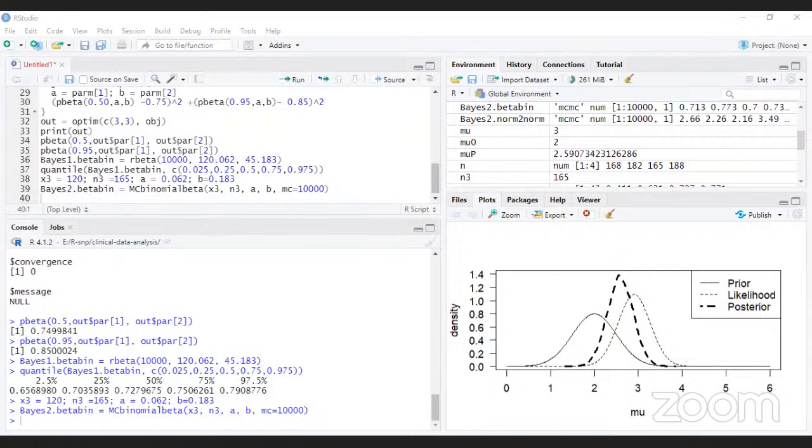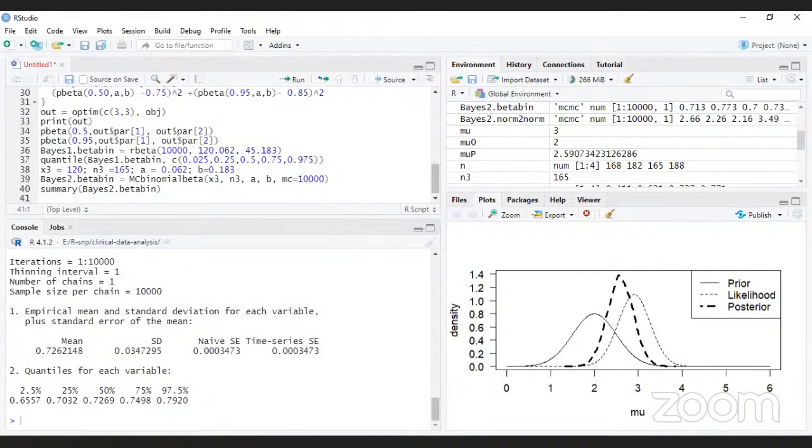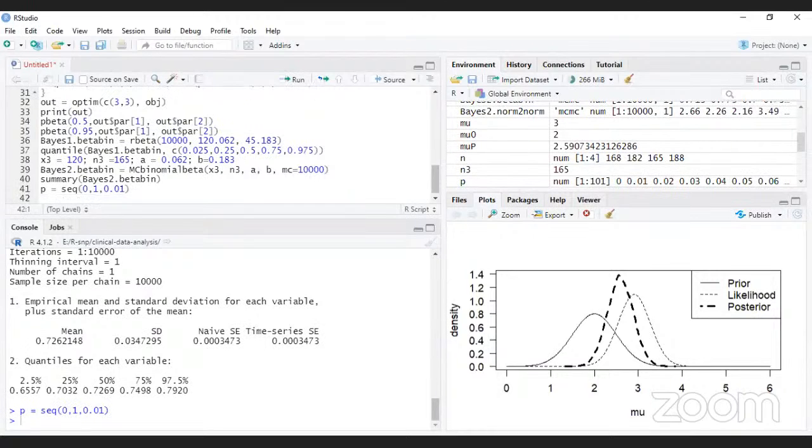Again, you are printing the summary for this Bayes, the variable whichever you have taken. Now you can plot the beta density.